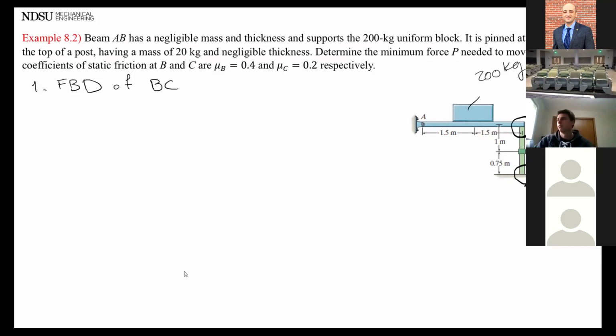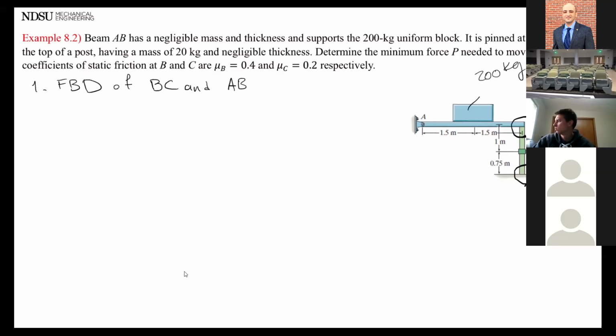So because point B is common between the two, I have to have a free body diagram of BC, but also a free body diagram of AB. Okay. So it's like machines or frames that we dealt with: take it apart and draw a free body diagram of each. Okay, so let's start with AB.